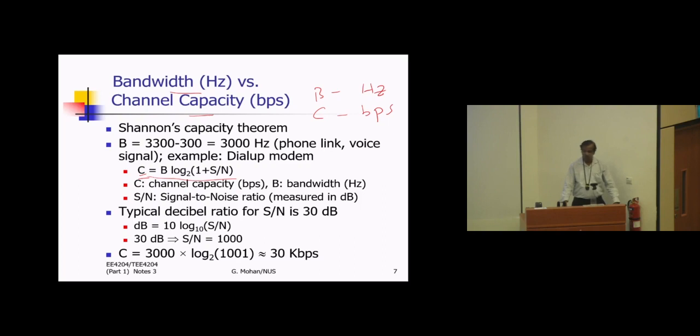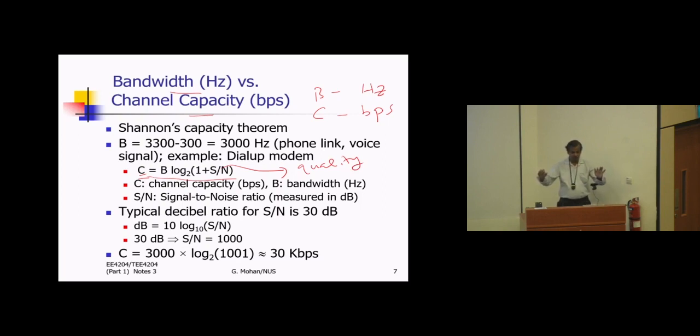Signal to noise ratio is this: you transmit a signal, and it propagates through the link. When it is received, noise gets added through the communication. You don't get the pure signal at the other side. So the ratio between the signal power and the noise power is called the signal to noise ratio, S over N. Basically, S over N defines the quality of the channel or the quality of the link.